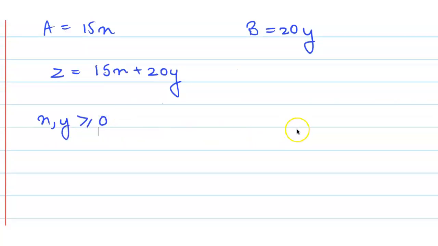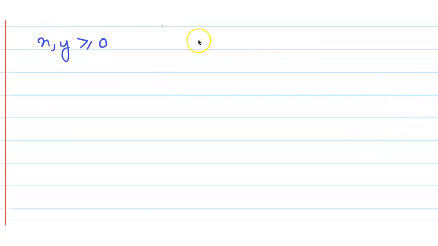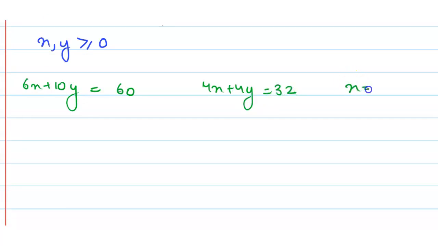So now we are going to convert these inequalities into equations as follows. So your equations here will become 6x plus 10y equals 60, 4x plus 4y equals 32, x equals 0 and y equals 0.